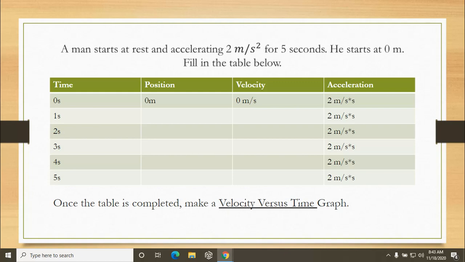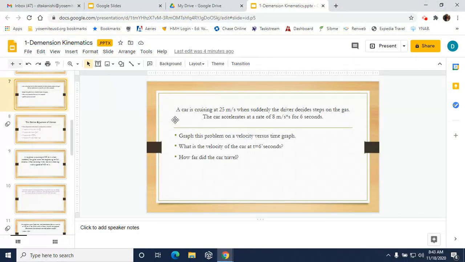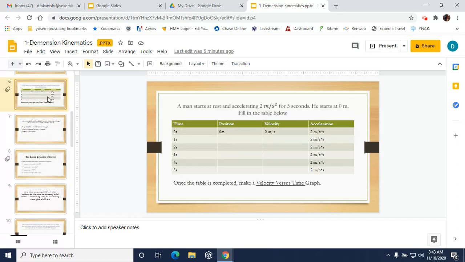He starts at 0 meters, fill out the table below. We're not going to look at position, but we are going to fill out velocity. And so let's determine what the velocities are going to be at 1 second, 2 seconds, and so on.